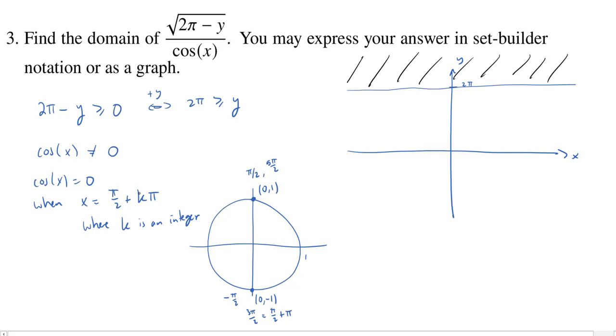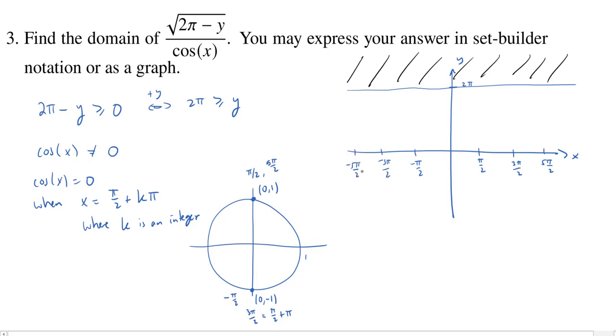We'd call this an integer multiple of pi. So what we have to do in the graph here is write down all these integer multiples of pi plus pi over 2. And of course we can do this on the negative side as well. Negative 3 pi over 2, negative 5 pi over 2.